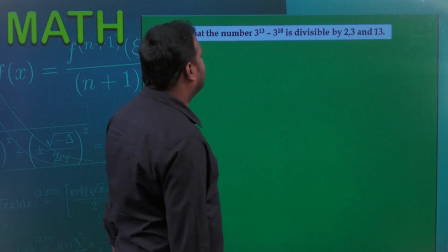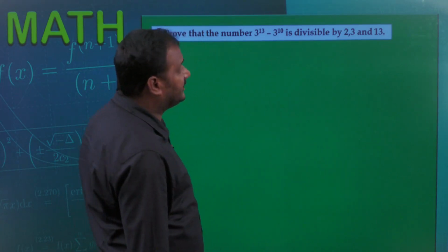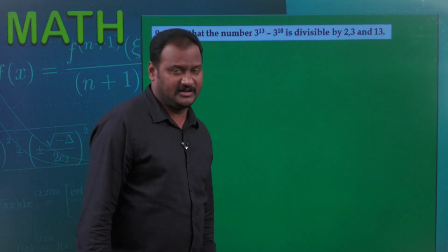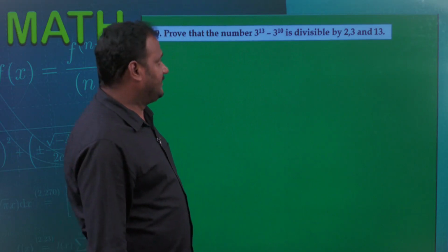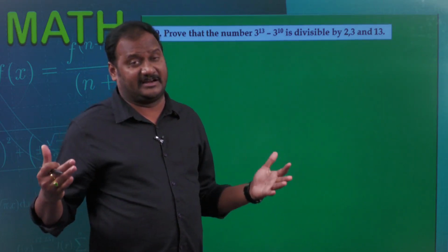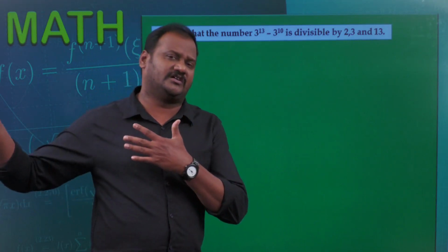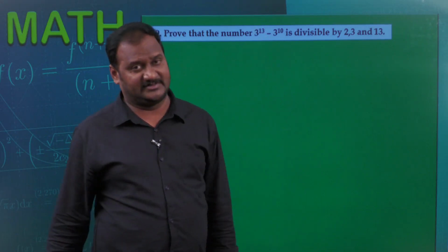Here, prove that the number 3 power 13 minus 3 power 10 is divisible by 2, 3 and 13 also. How is this possible? How to solve this, and how to prove that this number is divisible by 2, 3 and 13? 3 power 13 is a very big number. Will you be able to find what 3 power 13 is, multiplying 3 into 3 into 3 thirteen times, and like that 10 times?